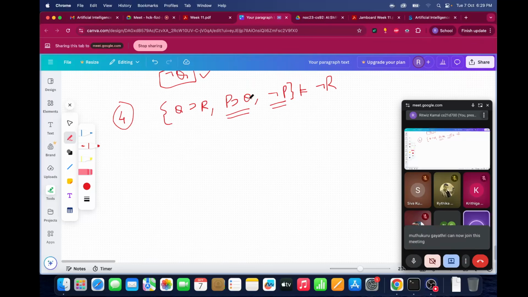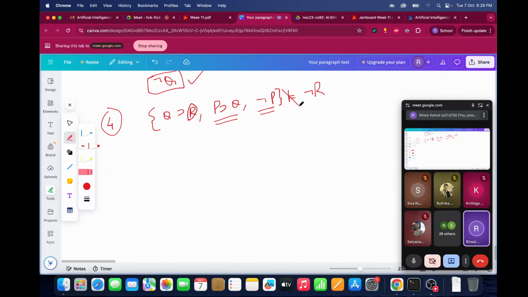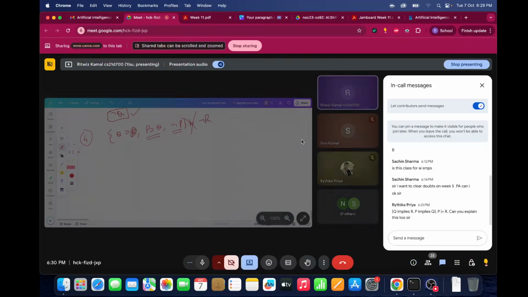We can't say for sure whether Q is true or not true, and because we can't say anything about Q, we also can't say anything about R. So this is not a valid entailment. Is this clear?